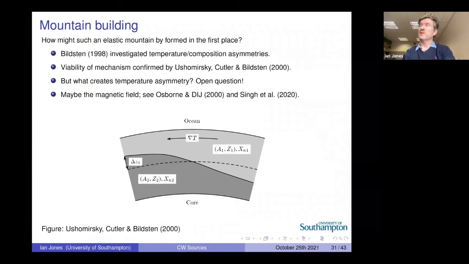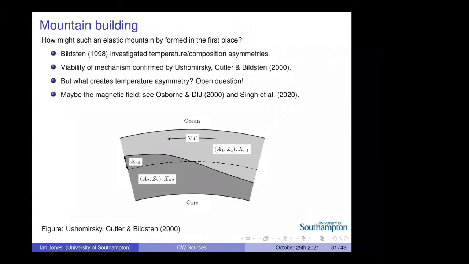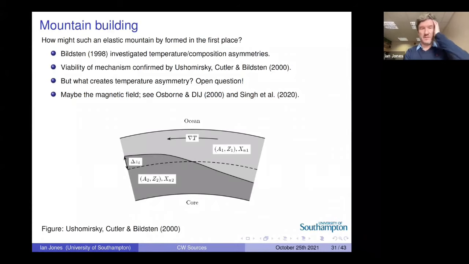Yeah, so that's a good question. In terms of why there would be an asymmetry, the best thing I can say is the thing I mentioned on the slide, which is the magnetic field. My student Emma Osborne ran with the following idea: if you have a magnetic field in a fluid, its thermal conductivity tends to be higher along the magnetic field lines than orthogonal to them.